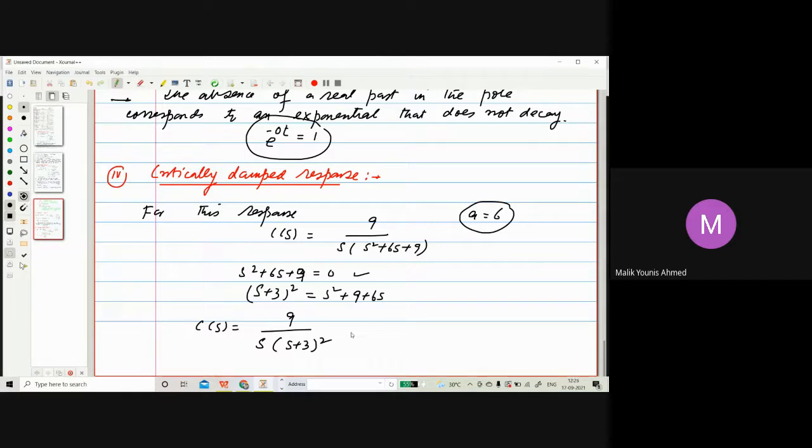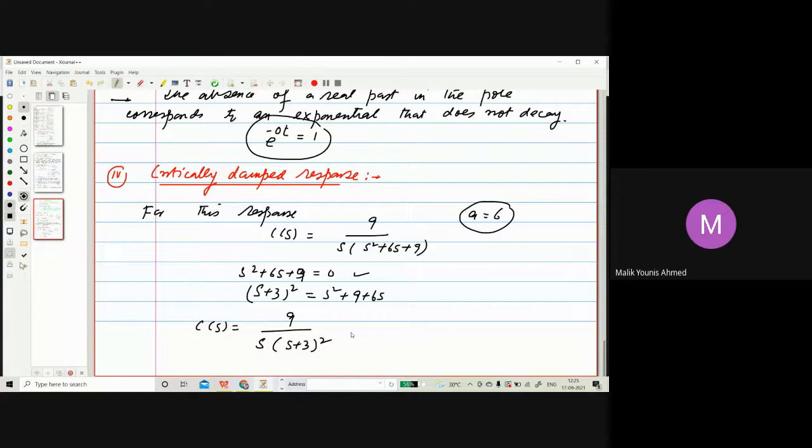Now what we have here, you can see, is one pole at the origin that will develop a constant force response, and two repeated real poles at S equal to minus 3 that will generate a natural response. I'll repeat it: the function has a pole at the origin that comes from the unit step input, and two multiple real poles that come from the system.